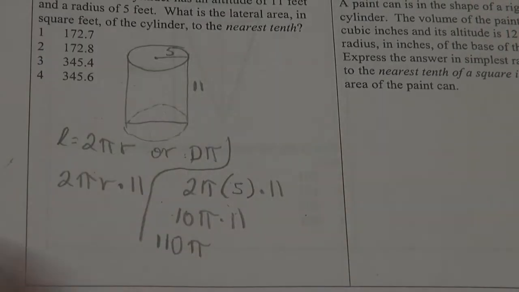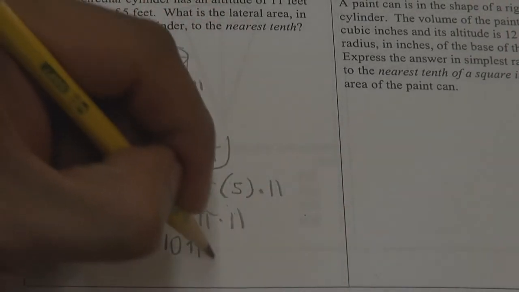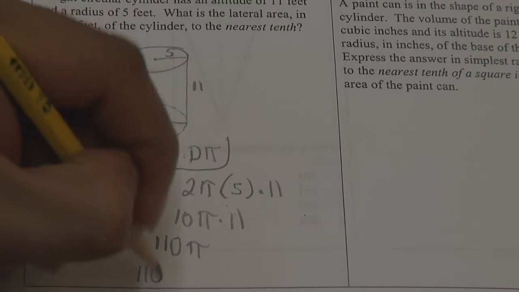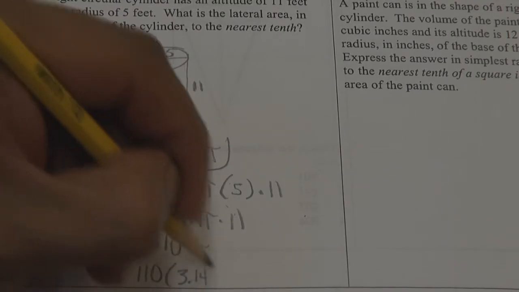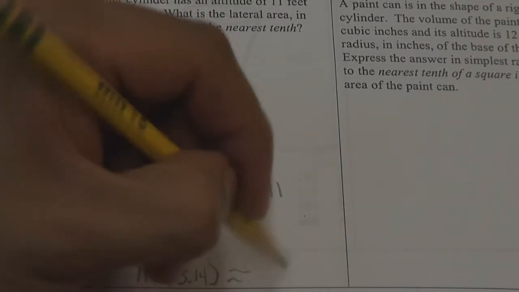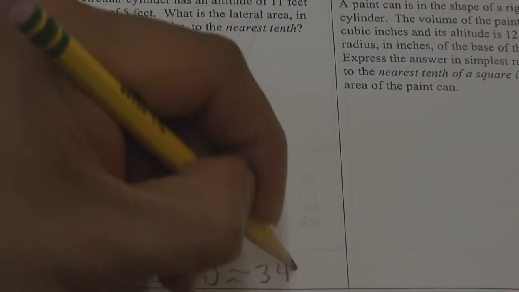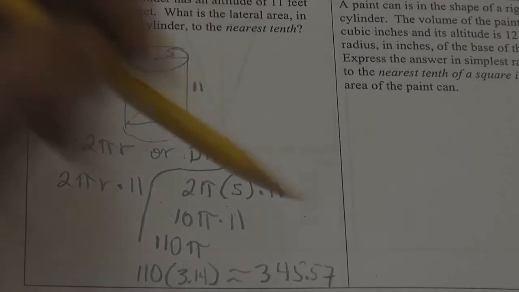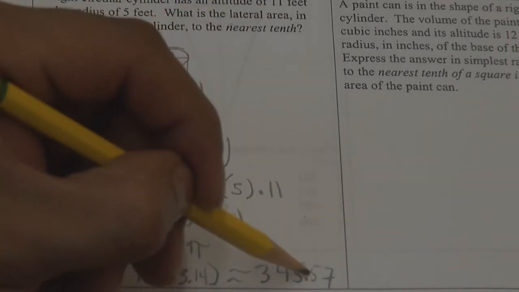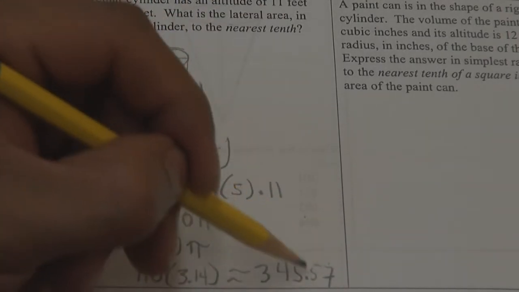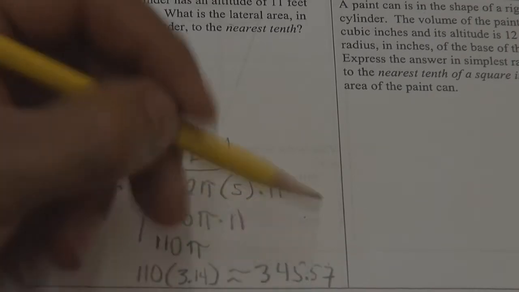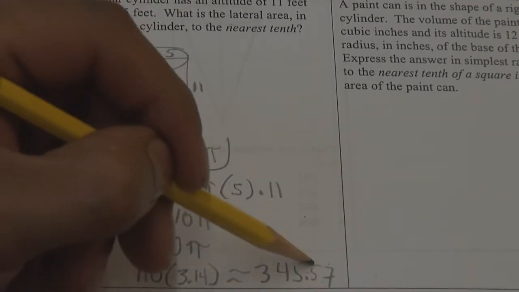And that is 345.57. So 110 times 3.14 is roughly 345.57. It says to the nearest tenth. Guess what? This is the tenth. What is the next number? A 7. So should I round this 5? Of course. If it's 5 or more, you round it.